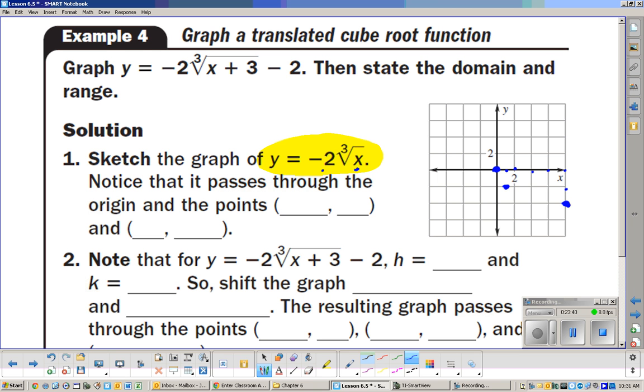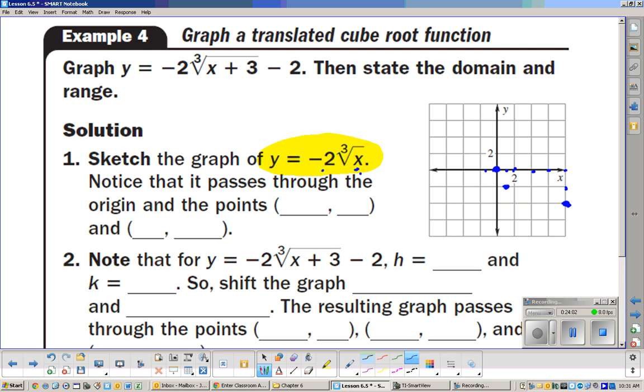Now, I know the other side's going to be the same thing. Symmetrical. So if I go over negative 1, I go up. Did I do that right? 2, 4, 6, 8. Negative 4. Well, yeah, if I put an 8 in there, that's my x.